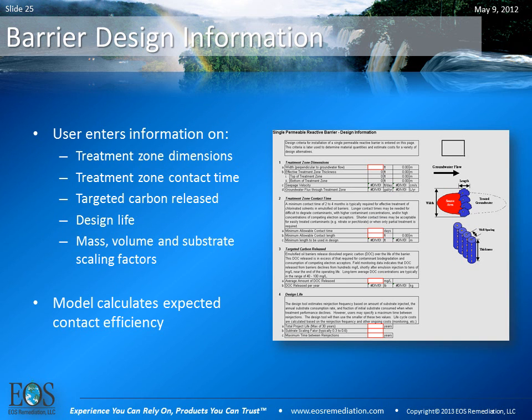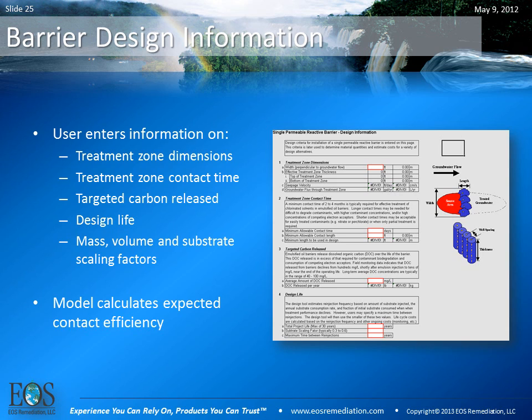And then lastly is your barrier design information. As I mentioned, we need to know the length, width, and thickness of your treatment area, of your barrier or your source area that you're interested in, your targeted carbon release, your design life, and your mass, volume, and substrate scaling factors. And again, you can estimate those, you can play with them, but the earlier slides should help you better understand what those factors mean.